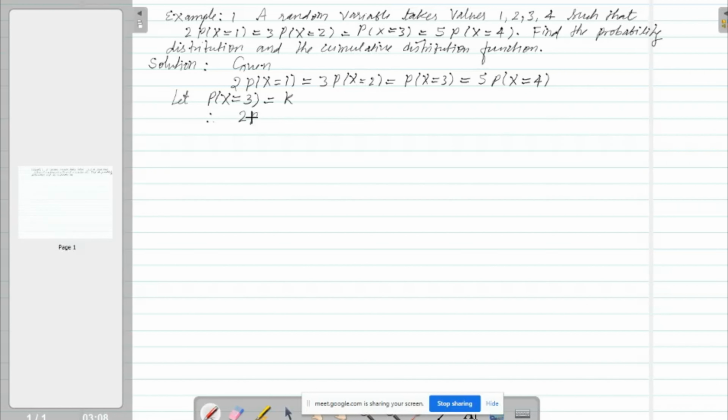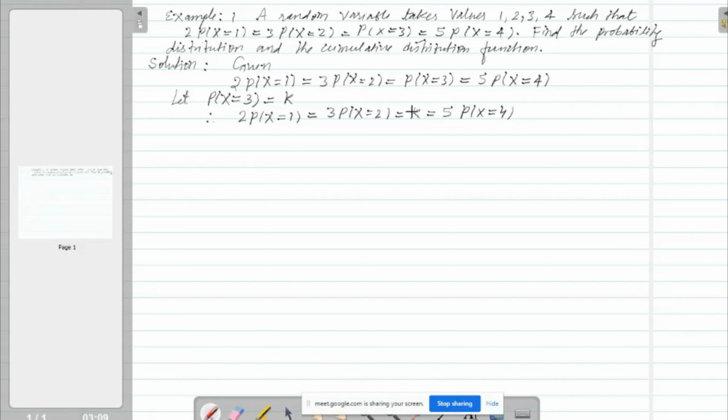2 p of x equal to 1, and this equal to 3 p of x equal to 2, and this is equal to k, the value we took, and this is equal to 5 probability of x equal to 4.